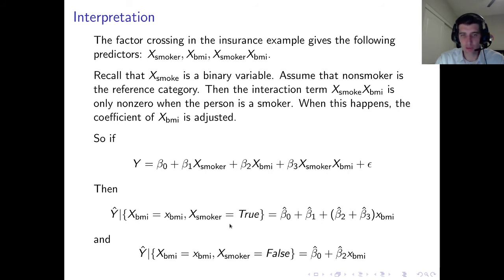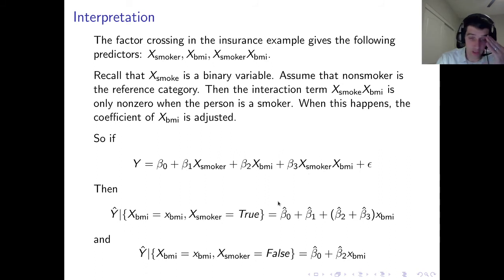If smoker is true, the prediction has an intercept, plus an adjustment, which is the contrast for the smoker, and then the slope for the BMI term is the slope of XBMI plus the slope of the interaction term, because smoker is equal to 1.